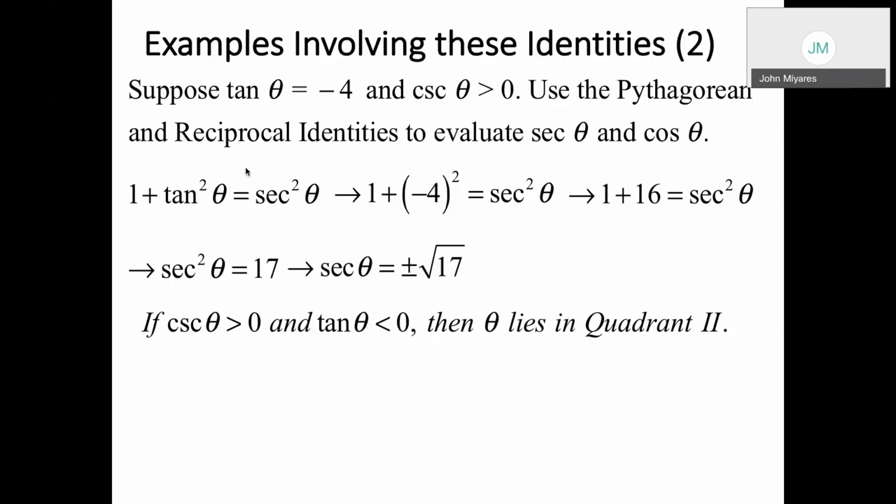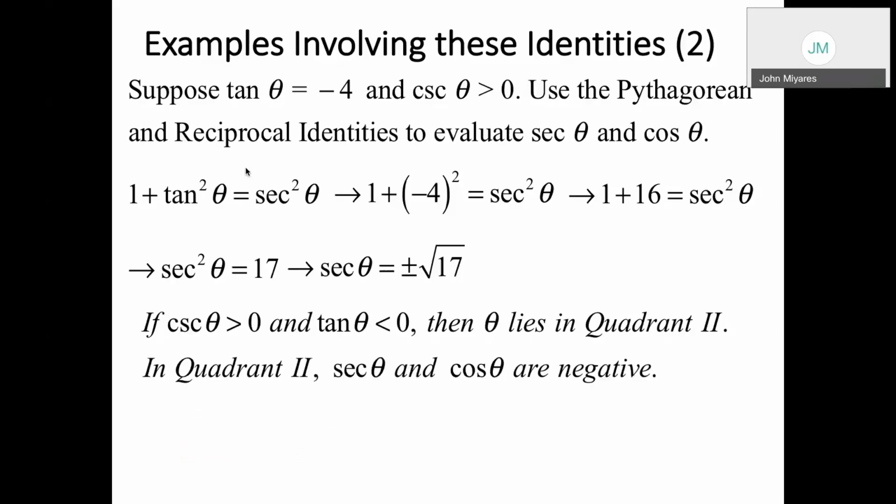Since what I'm looking at is the secant, we need to remember that in quadrant 2, the secant and the cosine are both negative. So the secant of angle theta will be the negative square root of 17.